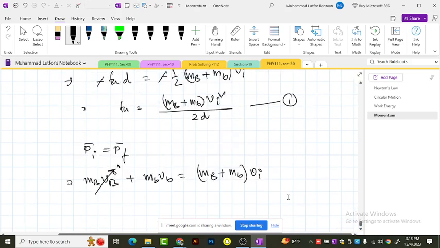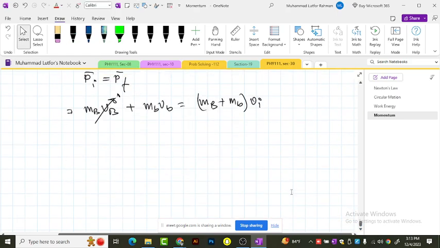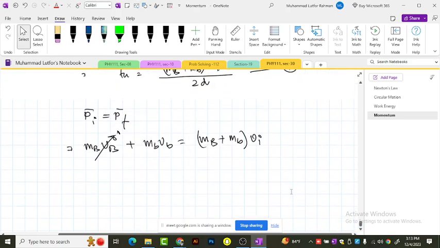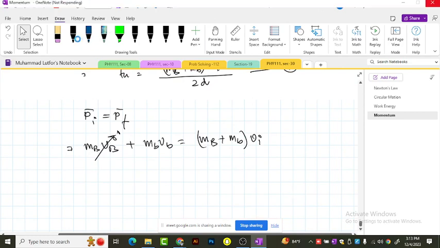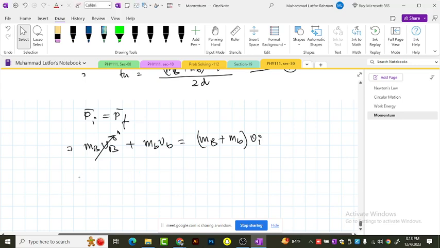So from here you can find out that velocity, which is going to be this vi.